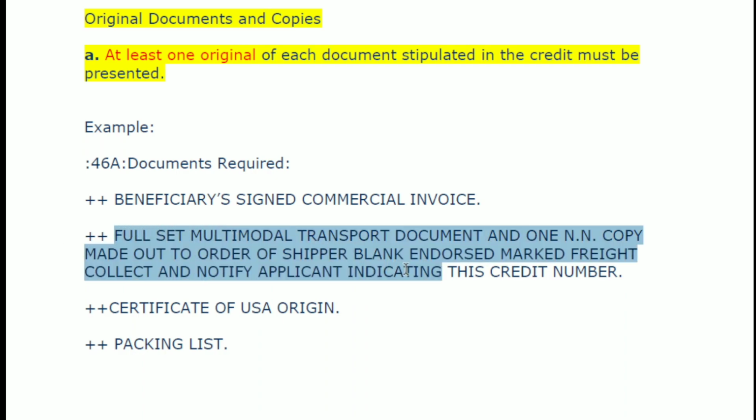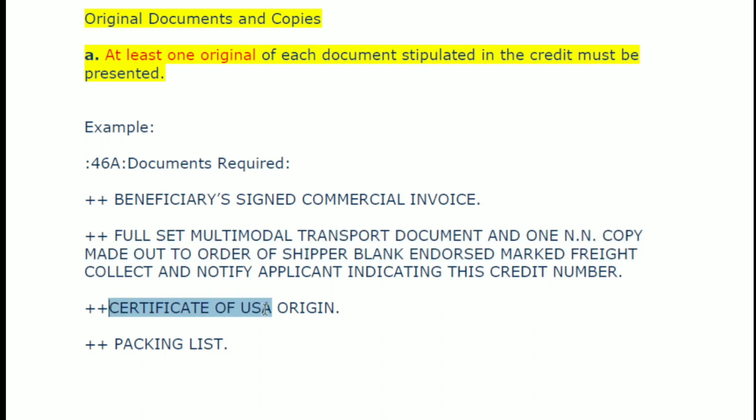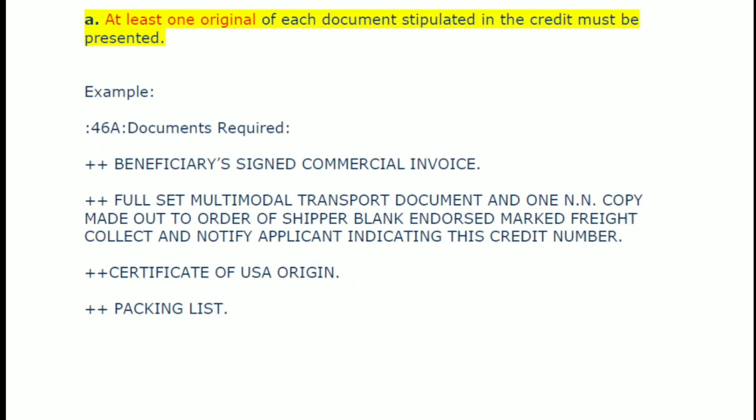Here, by going through other clauses, we understand that at least one original commercial invoice, one original certificate of origin, and one original packing list should be presented. Although there is nothing mentioned in the LC clauses about how many copies or how many originals of a document need to be presented by the beneficiary.